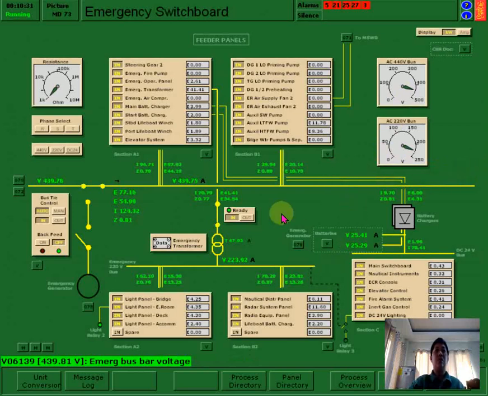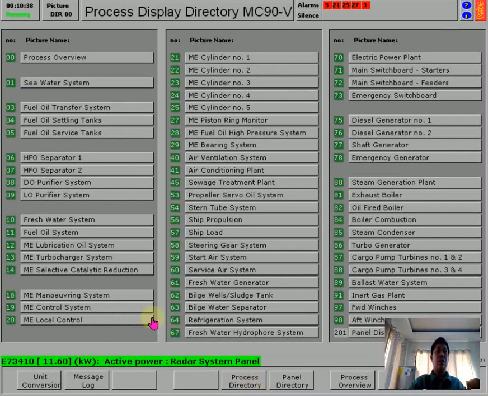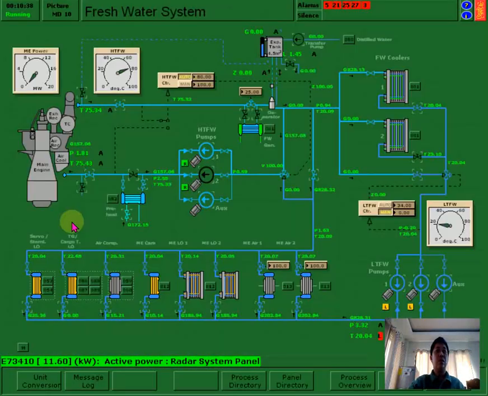So they are on. Why is it not working? I will check again. Now it's switched on, just a delay. So switch to remote and stop the low temperature freshwater auxiliary pump.